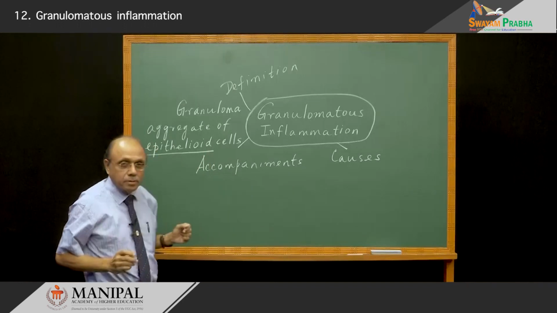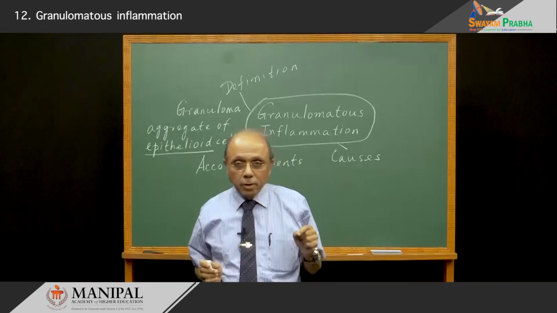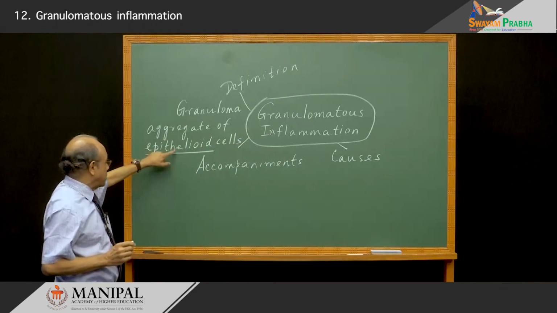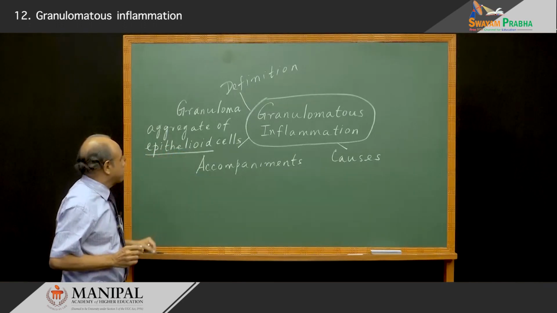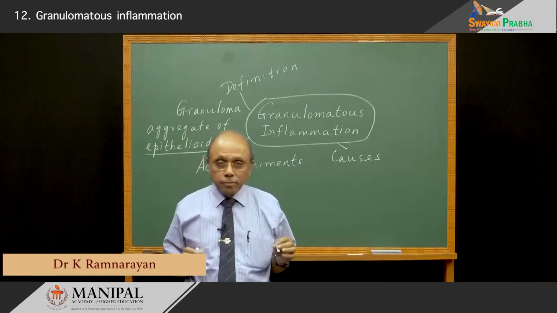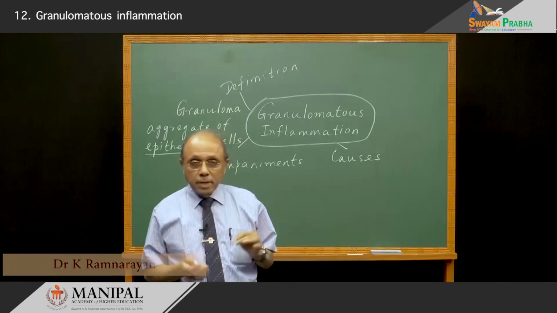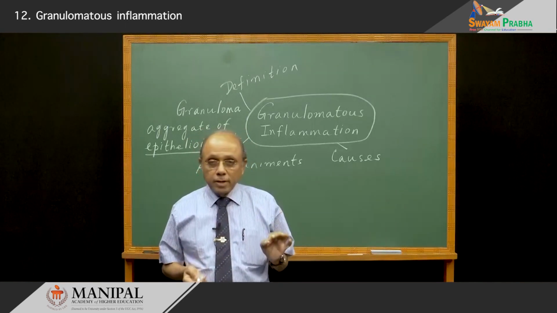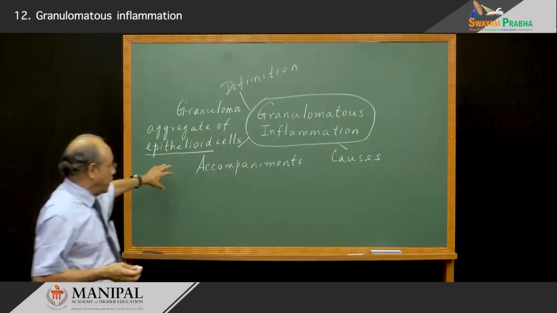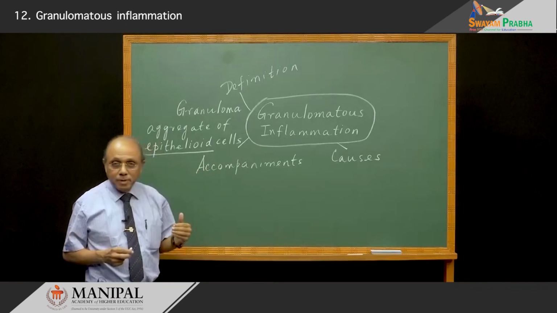It is very important that you note the spelling of this word, epithelioid. It is an aggregate or a nodular collection of epithelioid cells. This is the minimum requirement for a granuloma. Everything else, the accompaniments in a granuloma, are more for decoration.